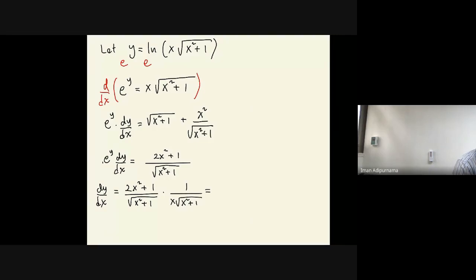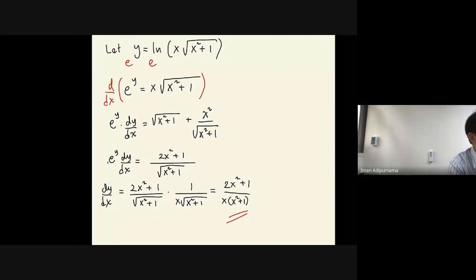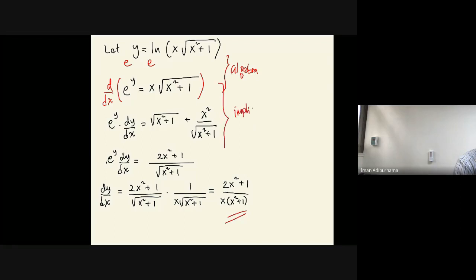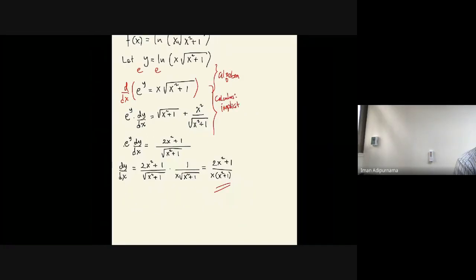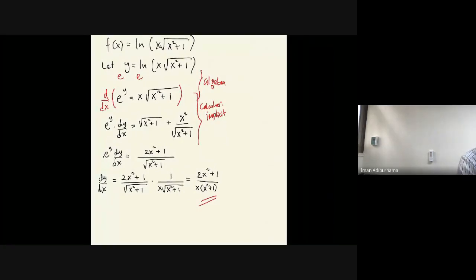Okay. And then this will be 2x squared plus 1 over x times x squared plus 1. Okay, same answer. So you can use the e. So basically, this part we call the algebra part. And then from here below, it's the implicit. This is calculus using the implicit method. Okay. This is the second method. Let me show you the third method.